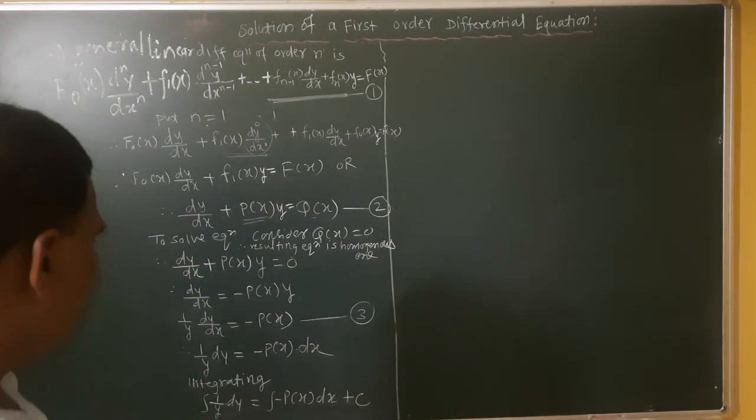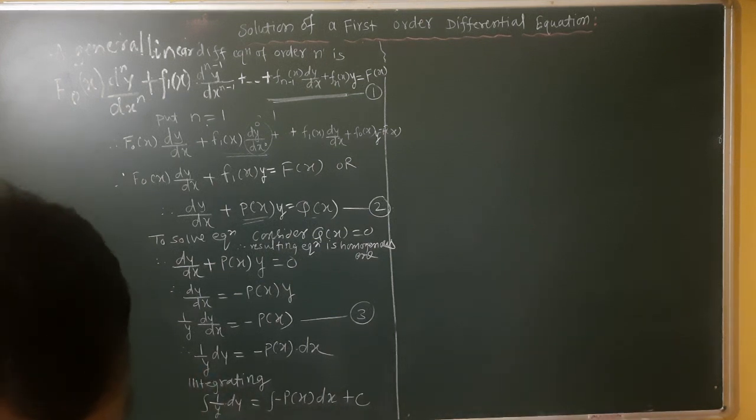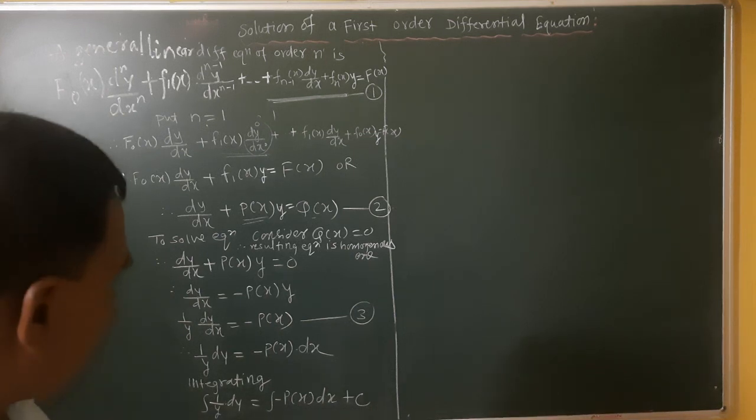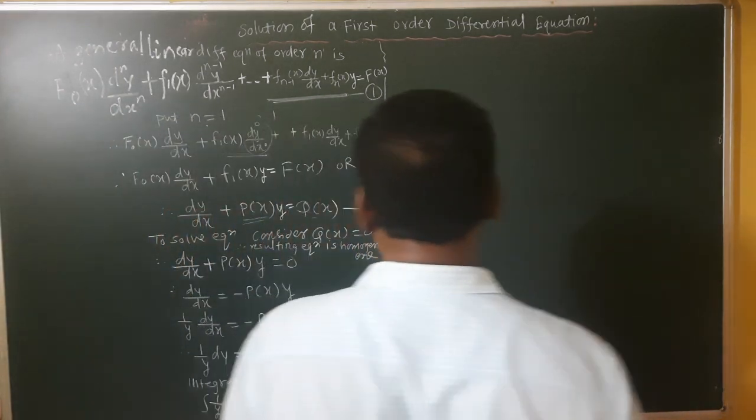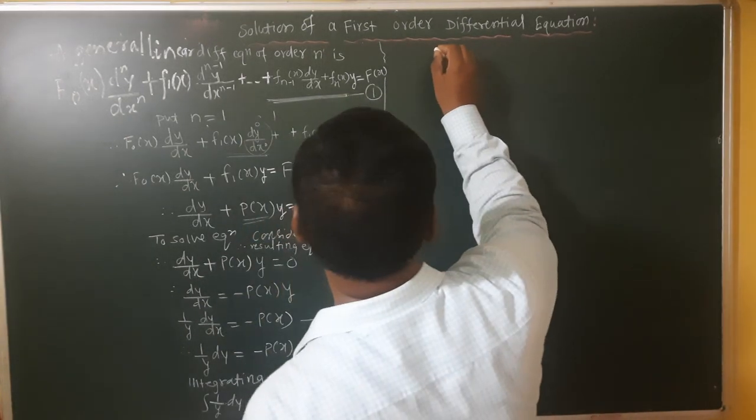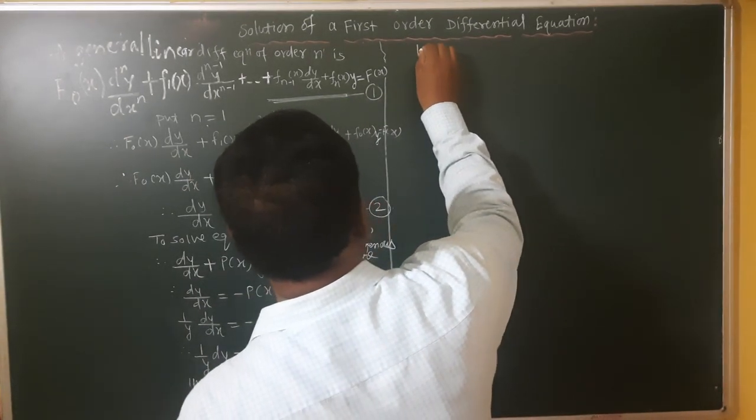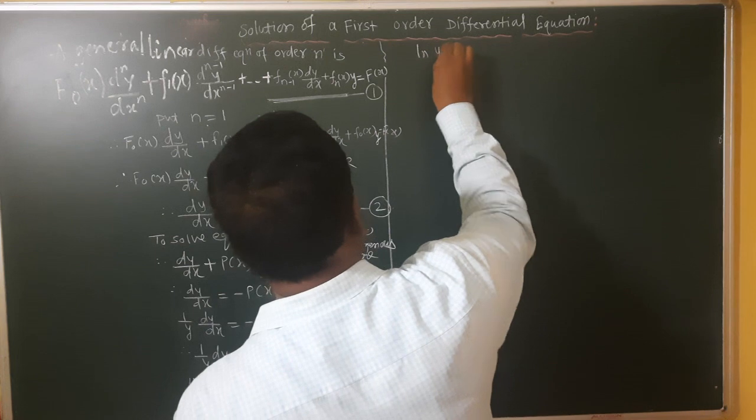This is equation number 3, that is 1 upon y into dy by dx is equal to minus p of x. Now take the integration of this equation. What is the integration of 1 upon x into dx? That is log of x, that is ln of y.